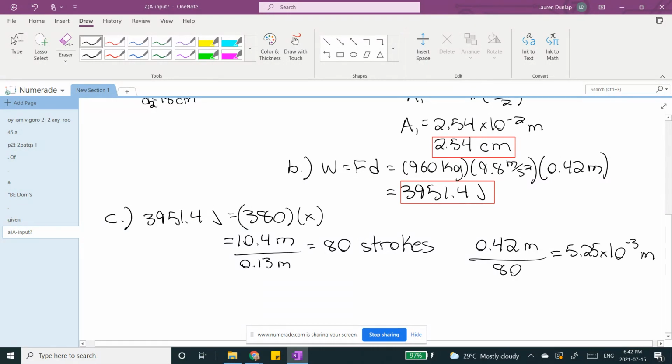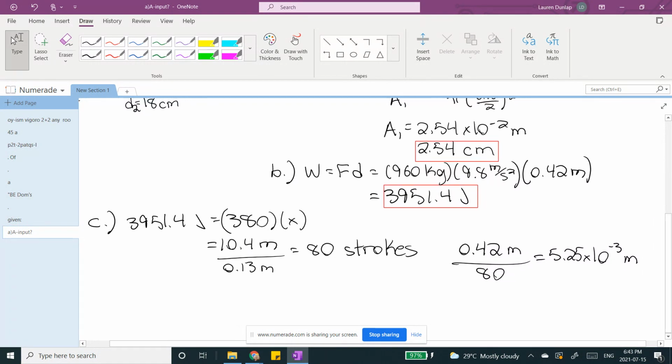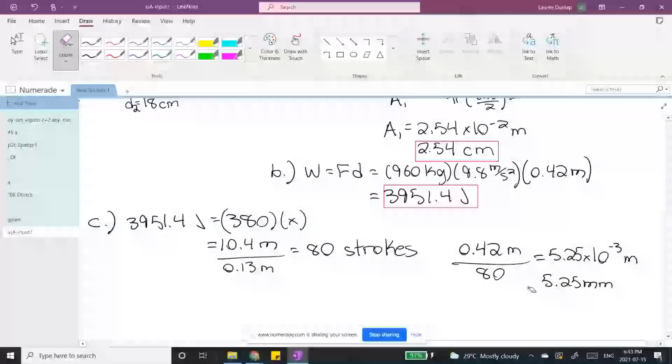And that's how much the output traveled for each stroke. And if you want to simplify that, it's 5.25 millimeters. Just pop this in.